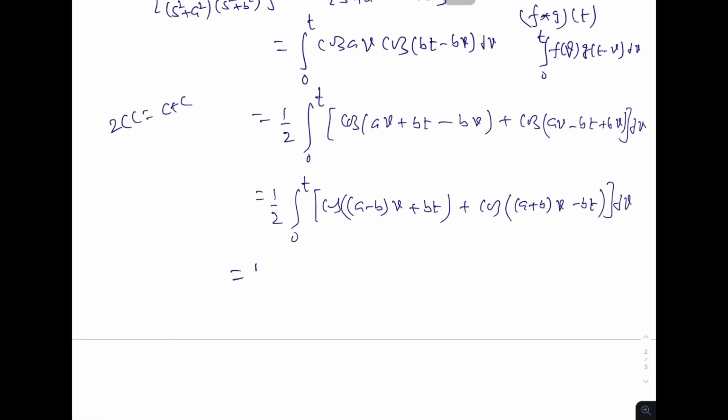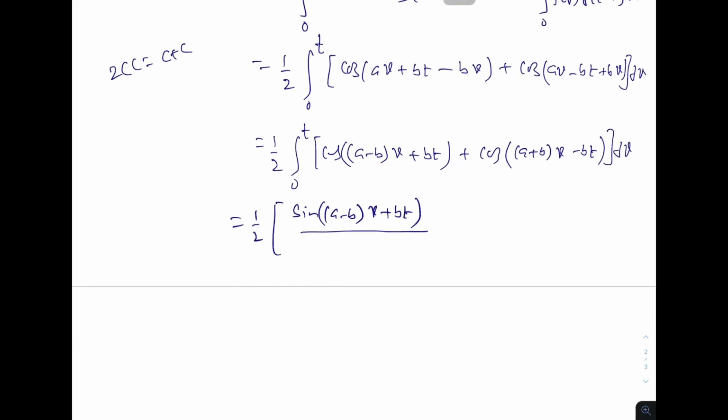Now integration of cosine is sine of (a minus b)v plus bt upon the derivative of (a minus b)v plus bt with respect to v, and that is a minus b, plus sine of (a plus b)v minus bt upon the derivative, which is a plus b with respect to v, and v equal to 0 to t.